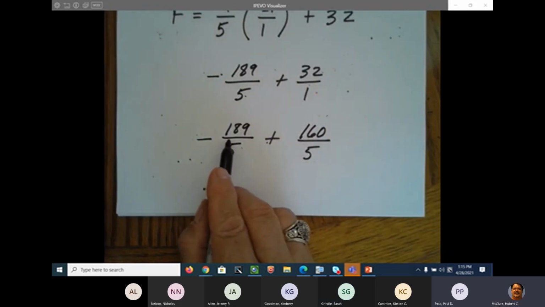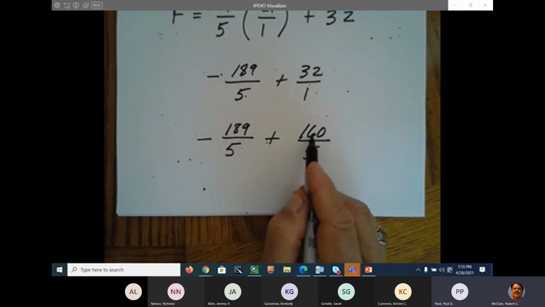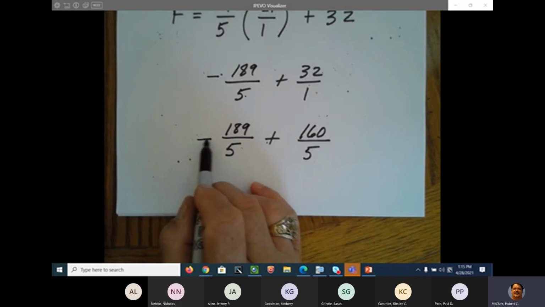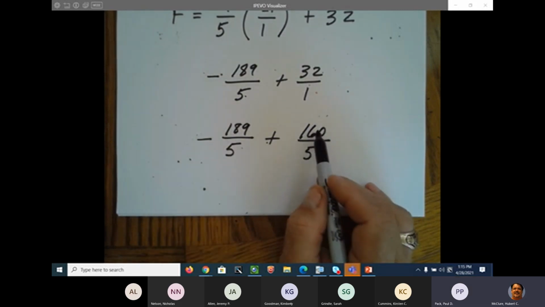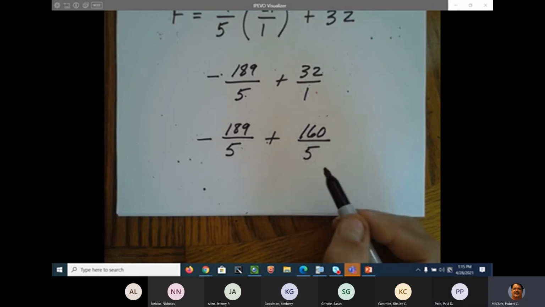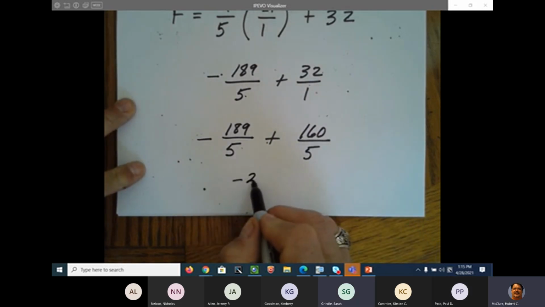And negative 189 plus 160: you owe $189, you give whoever you owe $160, you still owe them what? $29.